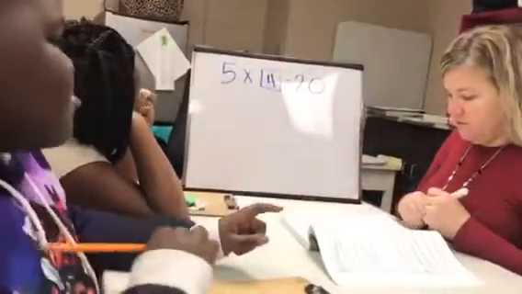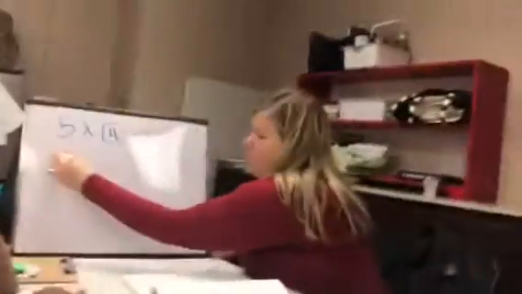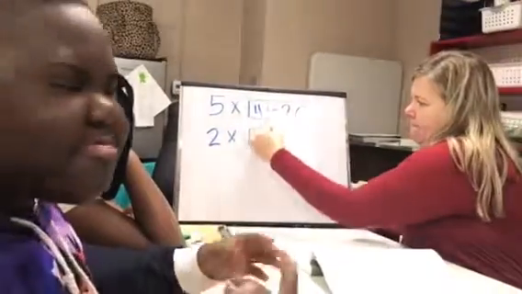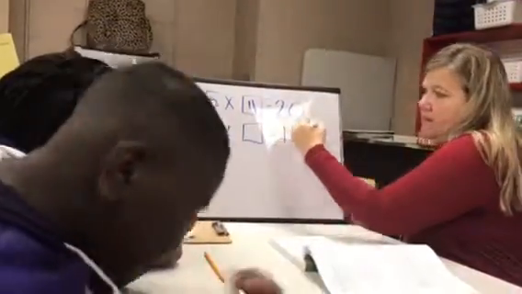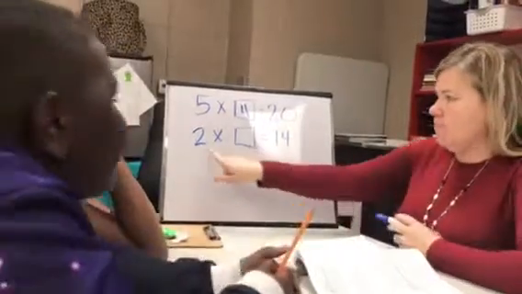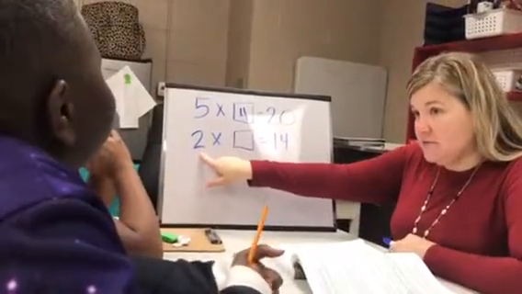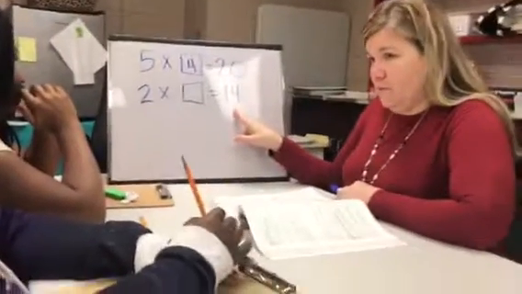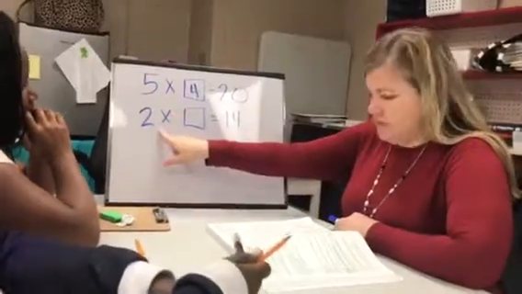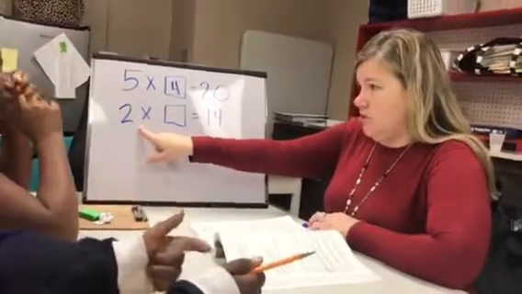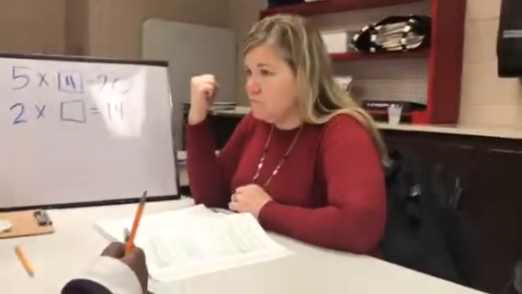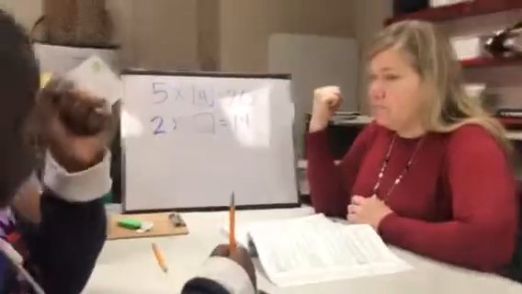Now, we're going to repeat that same thing with a different problem. If I had the problem, how many times do I count by 2 to get to 14? Good. Now it's your turn, and I'm going to clap. Hold up your fist, and you're going to count by 2, 2s to get to what? 14.